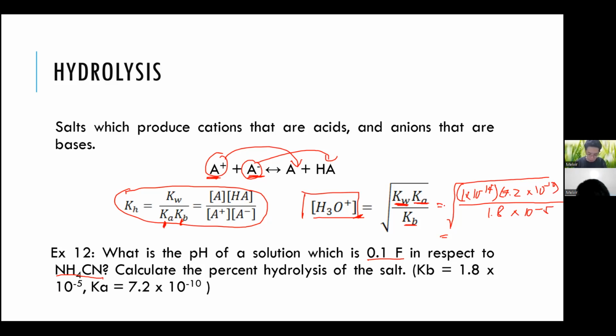The answer is 6.32 times 10 to the negative 10. The pH is the negative logarithm of that, 9.19 or 9.20. So this is still basic.